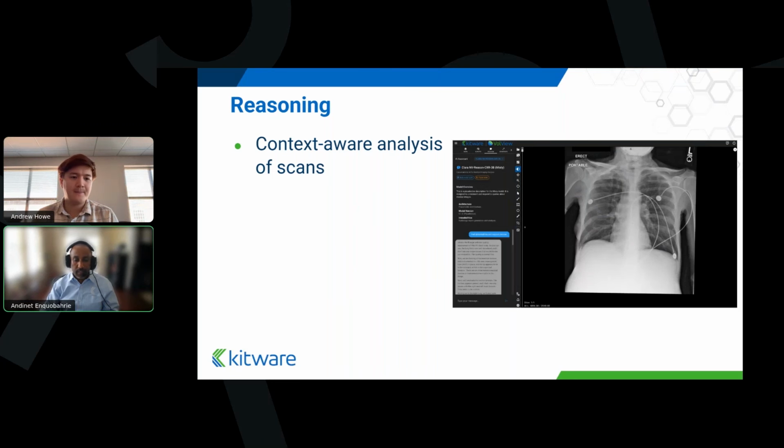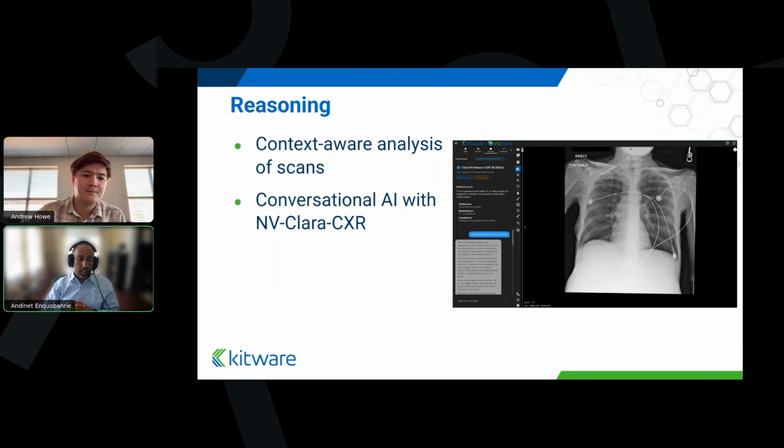It could be clinical information. And then will you be able to do some conversation, Q&A? That's what Andrew is going to be demonstrating: you can actually load a chest X-ray and converse with it using this reasoning chain of thought AI model.